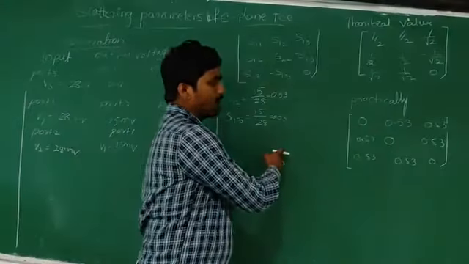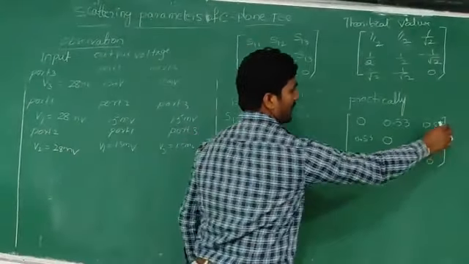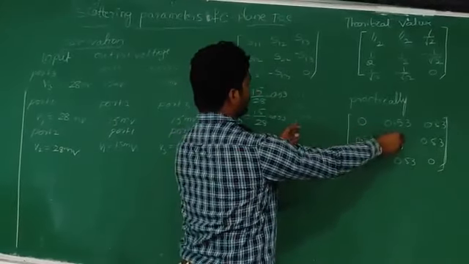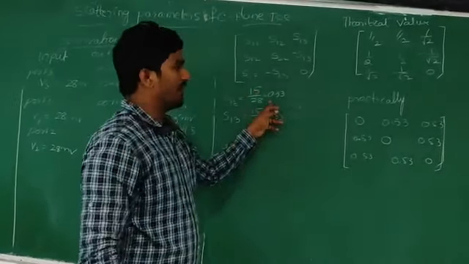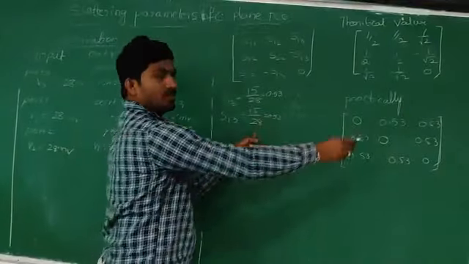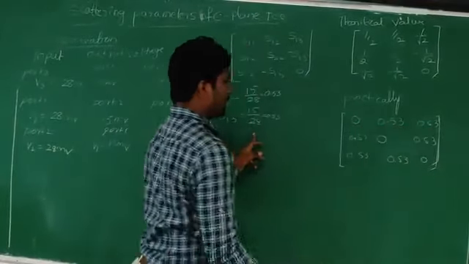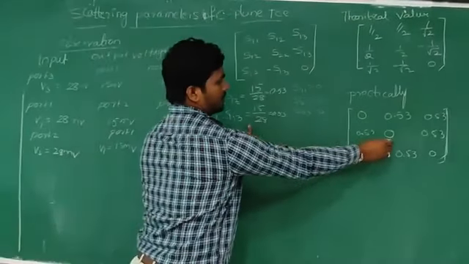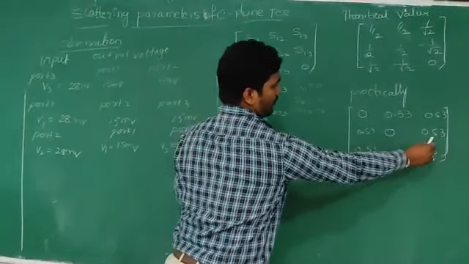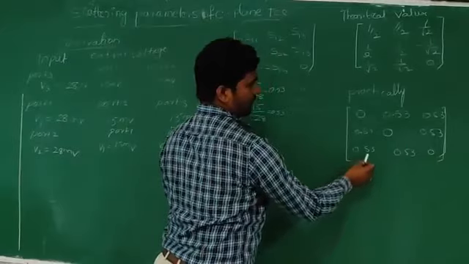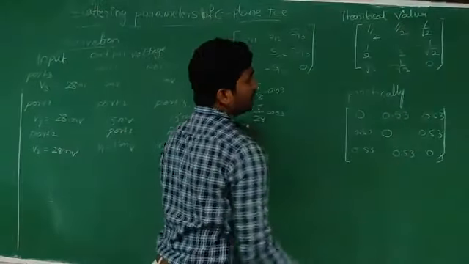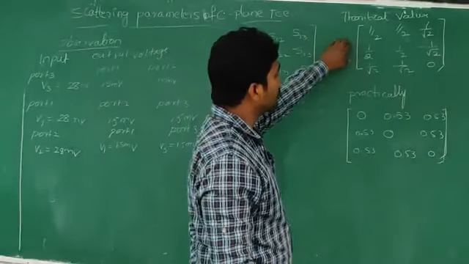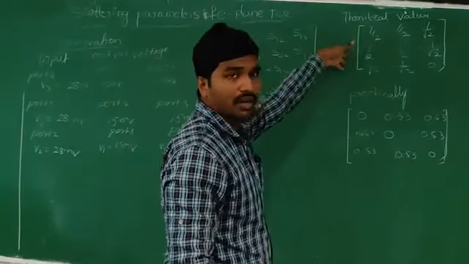After taking the values we can write the scattering parameters: S11 equals 0, S12 equals 0.53, S13 equals 0.53, S22 equals 0, and the others 0.53, 0.53, 0.53, 0.